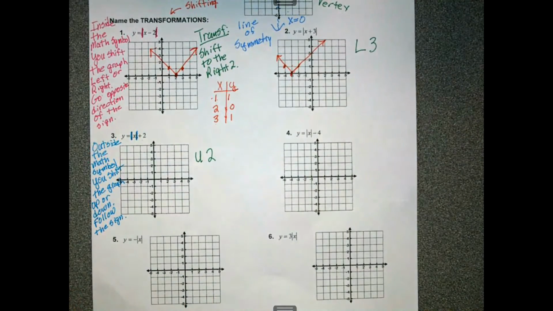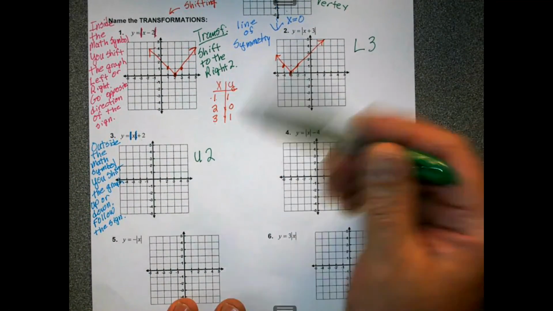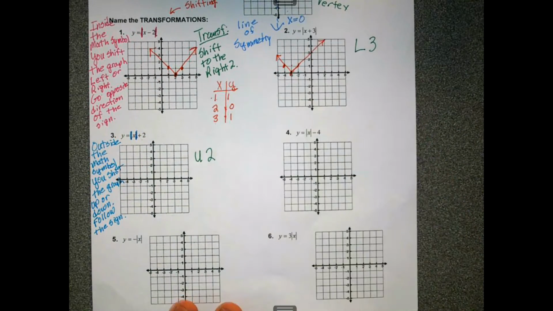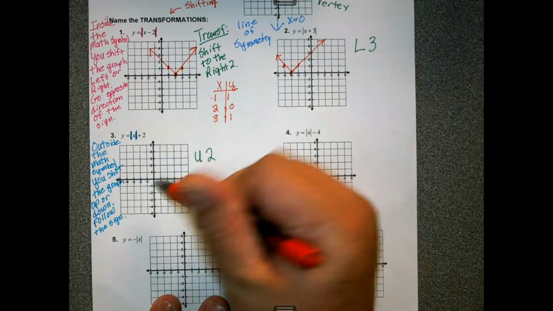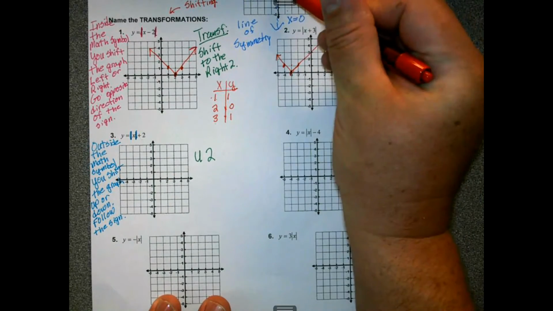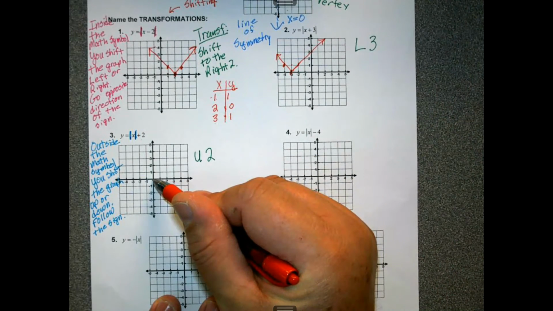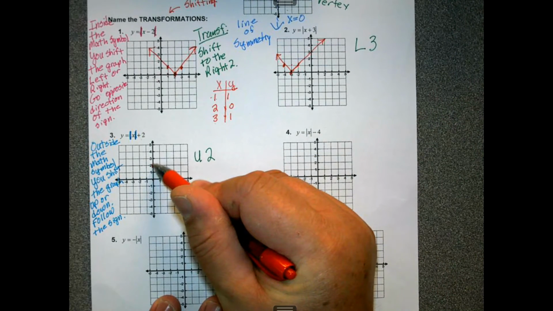And again, if you want to put it in your calculator and get your points here, but these are easy enough to do where we could do it right from the parent graph, right? Vertex was 0, 0 on my parent graph. So I'm going to just take my vertex and go up 2.